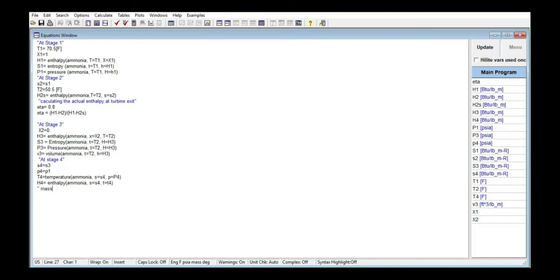Now the things which are asked are the mass flow rate. So we will calculate the mass flow rate. As given in the system, the power output of the system is 150 megawatts, so we will convert it into British thermal units per second, which is 142500, and we will also mention the unit of it, British thermal unit per second.